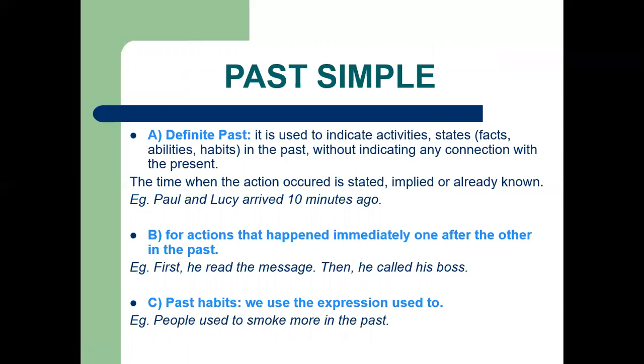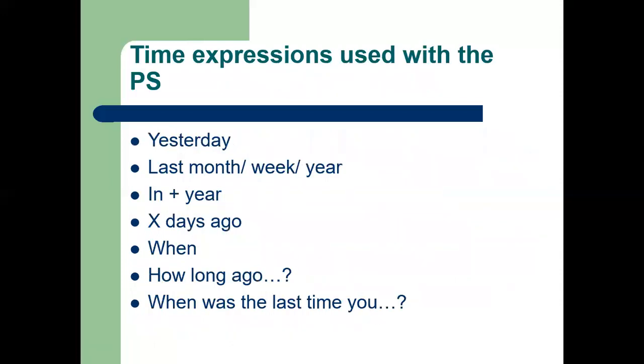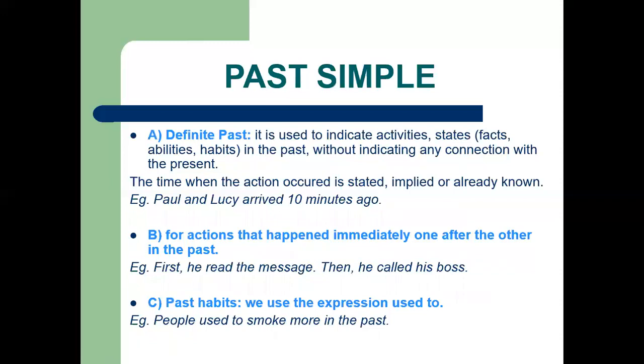There's no link to the present time. Paul and Lucy arrived 10 minutes ago. It's a punctual action in the past. For actions that happened immediately one after the other in the past, first he read the message, then he called his boss, right? So these are, yes, sequential actions.